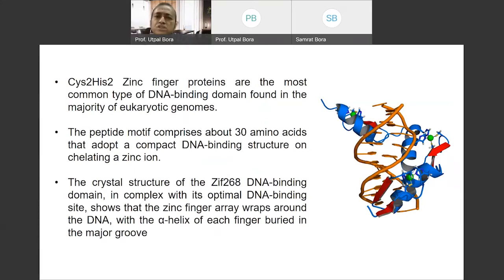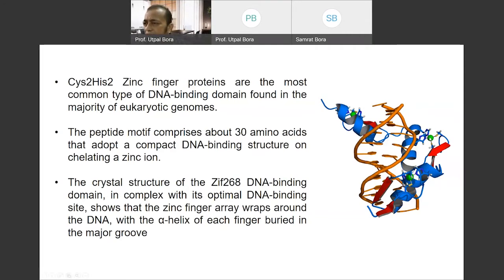So Cys2-His2, basically cysteine 2 and histidine 2 zinc finger proteins, are one of the most common types of DNA binding domain found in the majority of eukaryotic genomes. The protein motif has about 30 amino acids, and adopts a very compact DNA binding structure chelating a zinc ion.